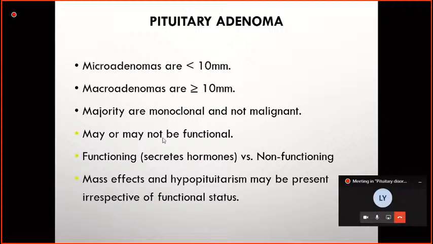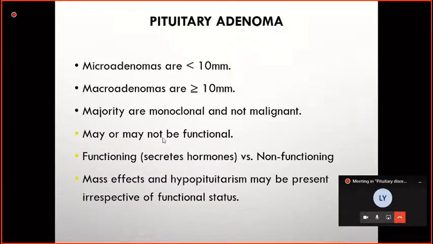That is concerning compression of the structures surrounding the pituitary. You ought not to forget also the compression or the dysfunction of the cells of the pituitary itself. This is when you can have hypopituitarism in a non-functioning adenoma. Okay, understand?